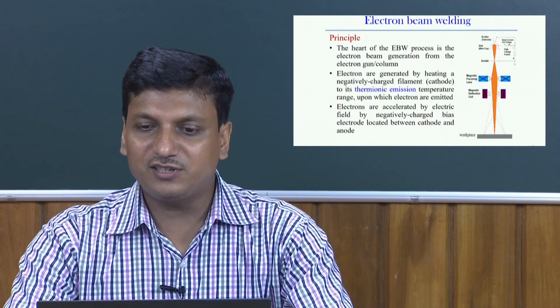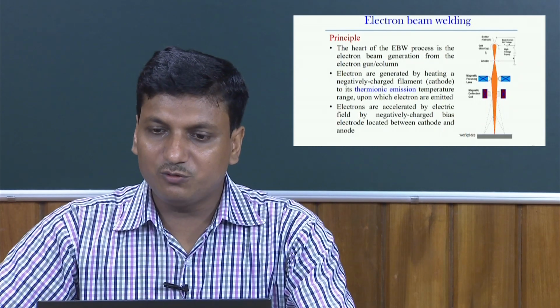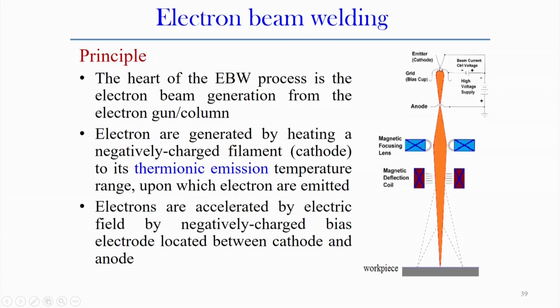Next, once we create that electron emission, the electrons are accelerated by the electric field of a negatively charged bias electrode, because the bias electrode helps to accelerate the emitted electrons, and that bias is present between the cathode and anode. If you see the picture, the bias is basically present between the anode and cathode.